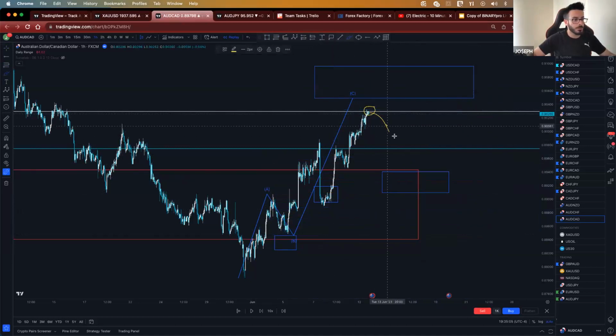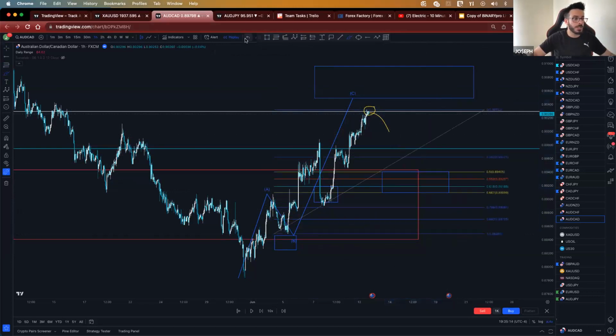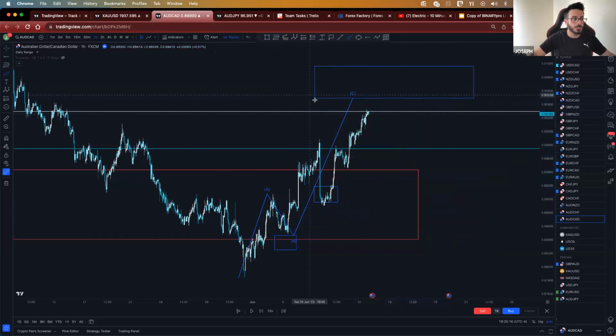And the market will come here, respect this area, and then reach the sequence target. Okay? But in our scenario over here, I don't have this.